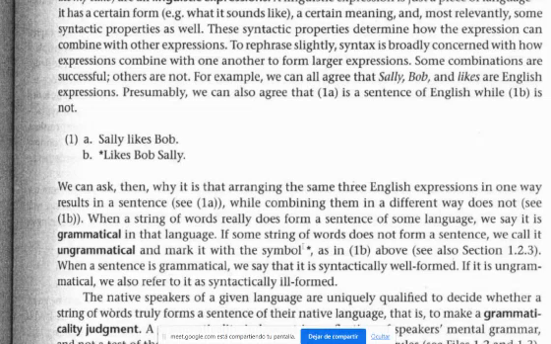So whenever you see that symbol in a sentence, that means it is ungrammatical. Did you know that or not? Well, now you know.